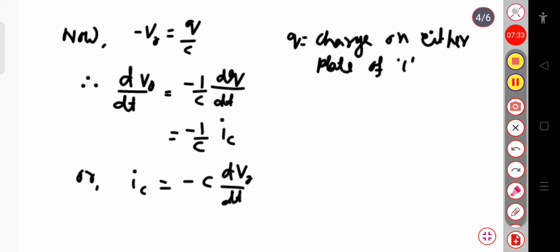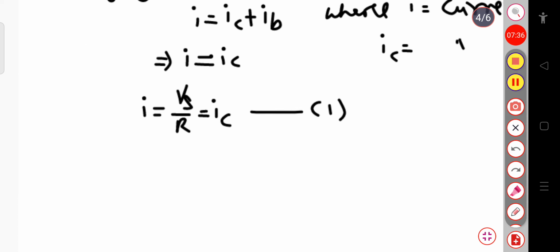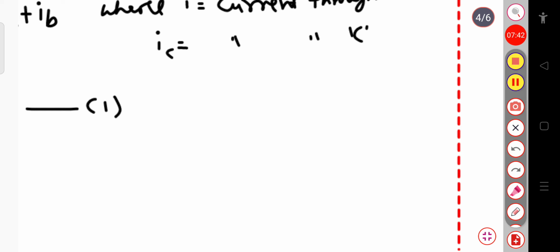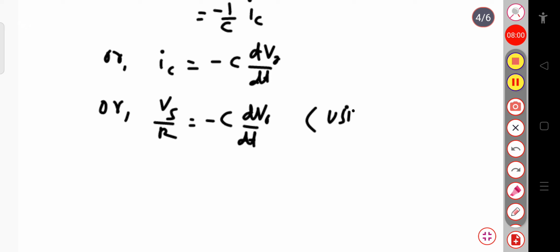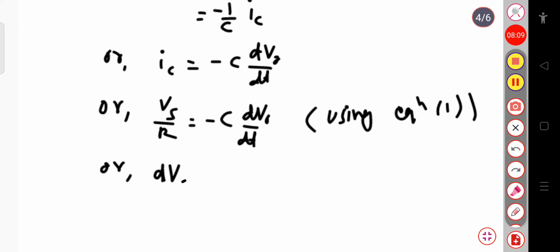Now if I use this relation, we have calculated in equation 1 that I equal to Vs by R, that is equal to IC. So putting this value here, Vs divided by R equal to minus C dVO by dt. Using equation 1, we can write dVO equal to minus 1 by RC into Vs into dt.